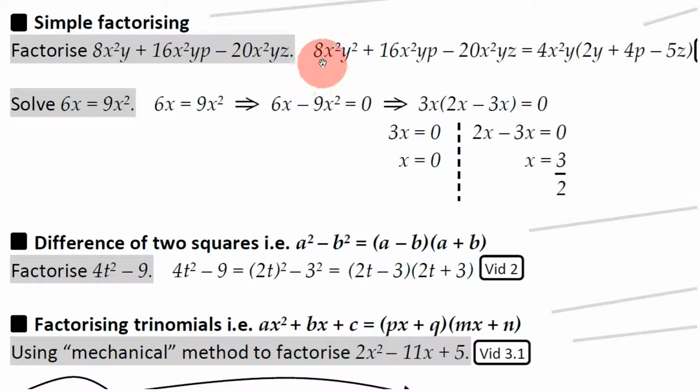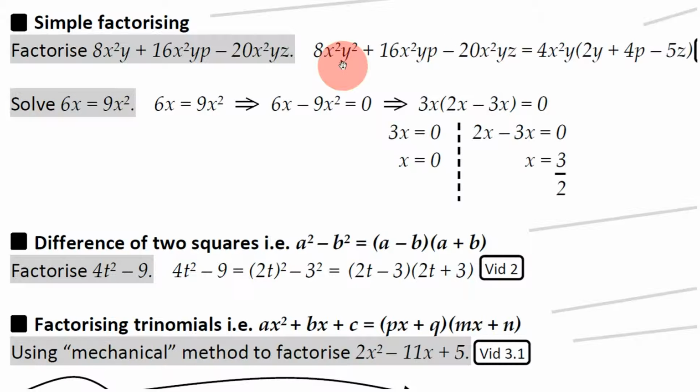So let's look at the x's. We've got x squared, x squared, and x squared there. So clearly the highest common factor for the x's is x squared. So there you go, put x squared next to my 4, which is my other highest common factor. Now let's look at the y's. We've got y squared, y, and y. So the highest common factor between the y's in each of these parts is y. It's not y squared, because y squared is not something you see in each part.